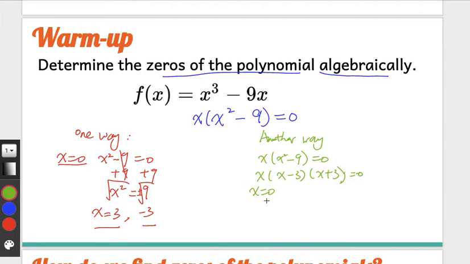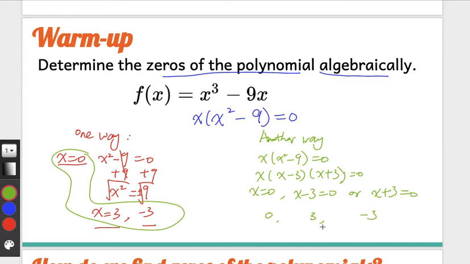One of them might be 0, because according to the zero product property, that's how you get them to 0. So x equals 0, or x minus 3 equals 0, or x plus 3 equals 0. Now I have 0, 3, negative 3. So same as the other one, I have 3 solutions, and I also have 3 zeros. So it really doesn't matter which way you use, you will get the same answer.